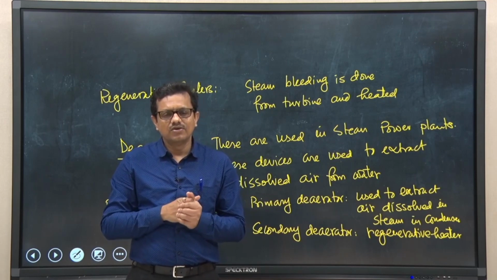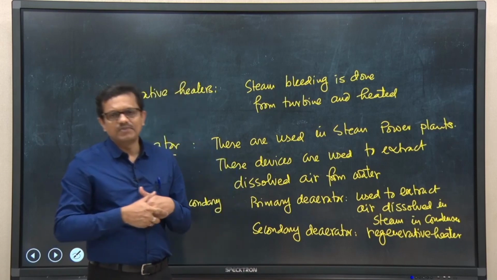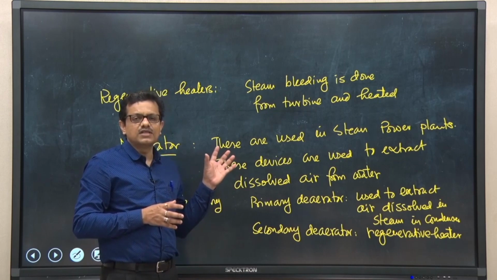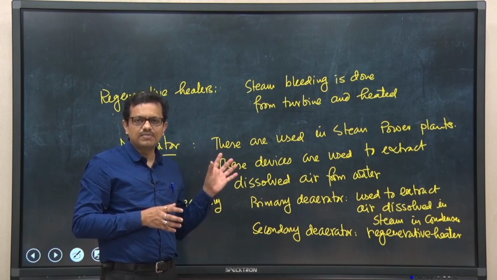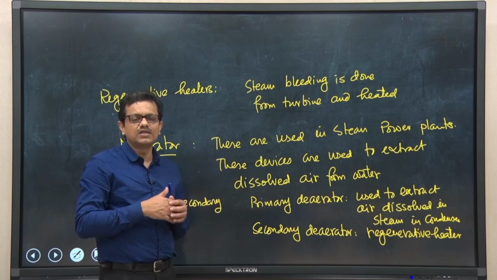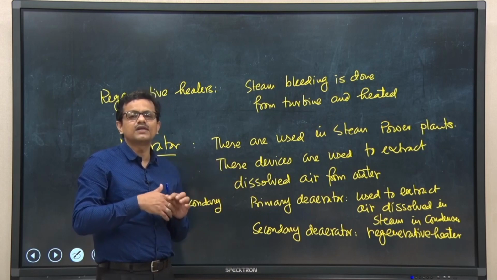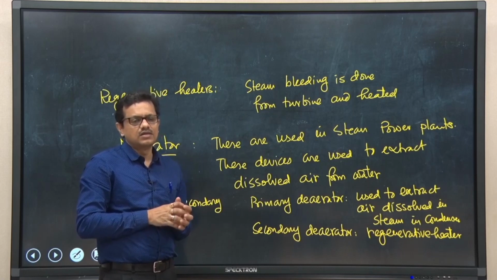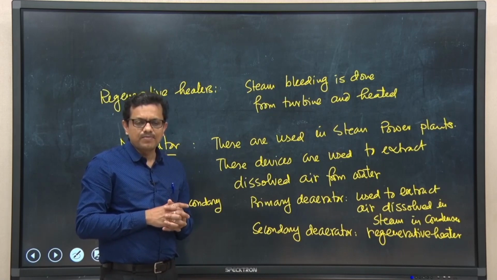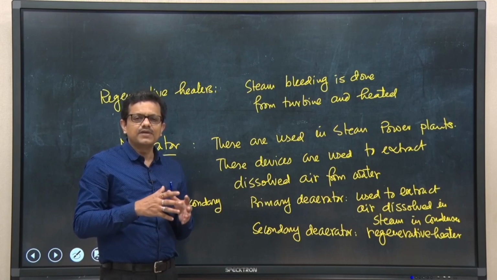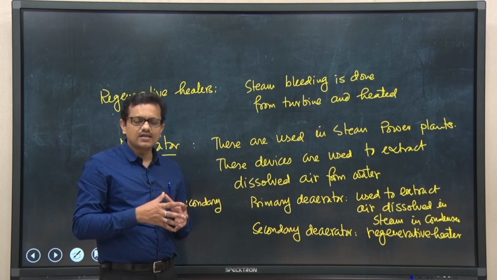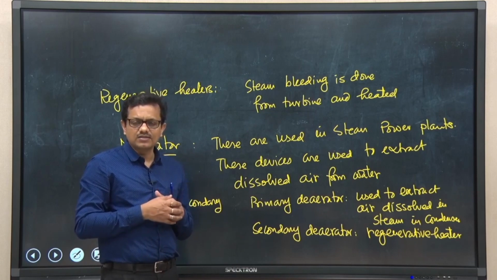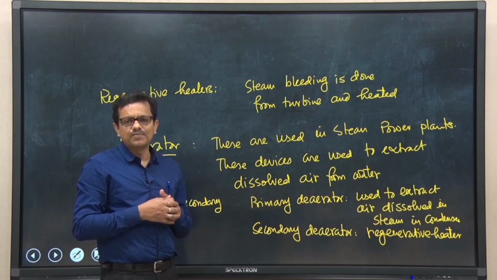To summarize, today we have discussed the boiler attachments, and we have tried to discuss the objectives of several components which are attached to the boiler. These components can be grouped together, and one particular group is known as mountings, which are mandatory components.